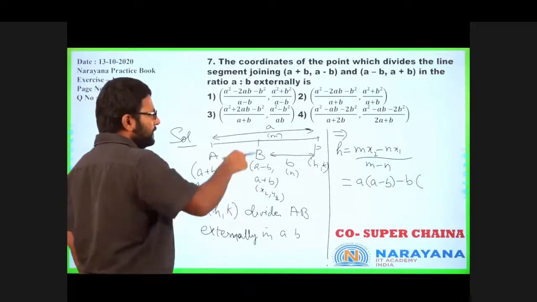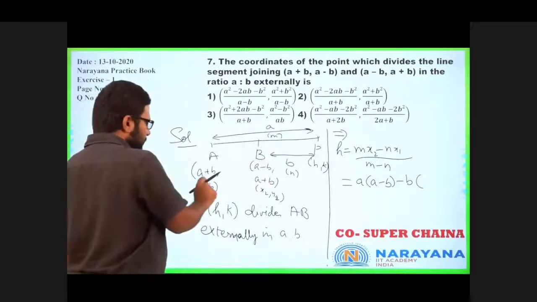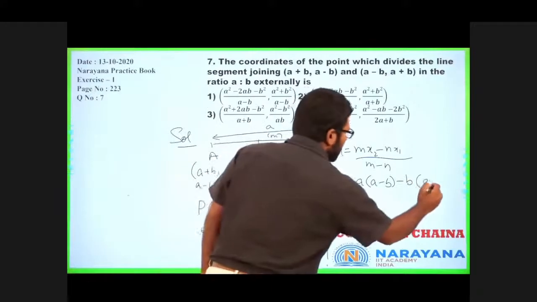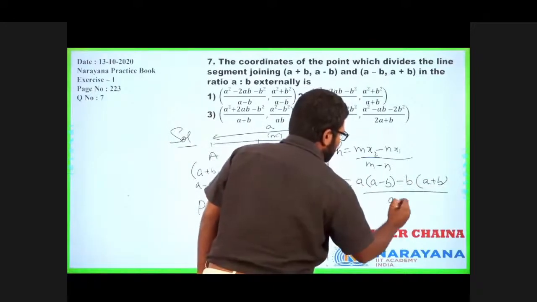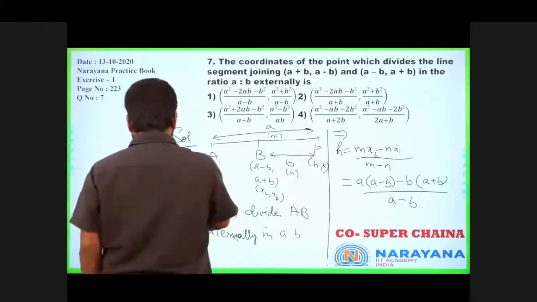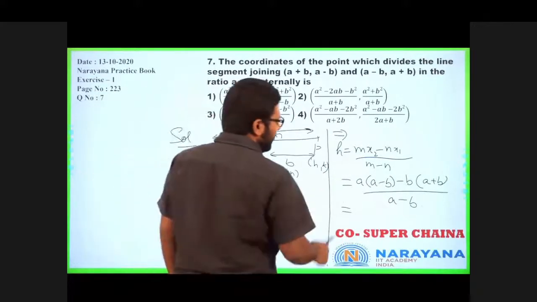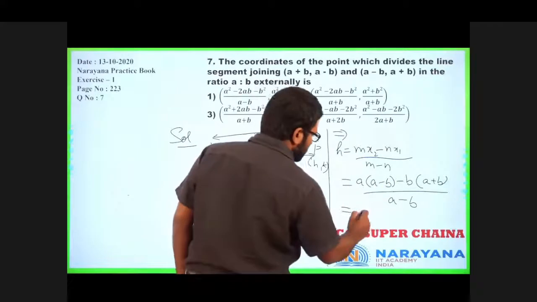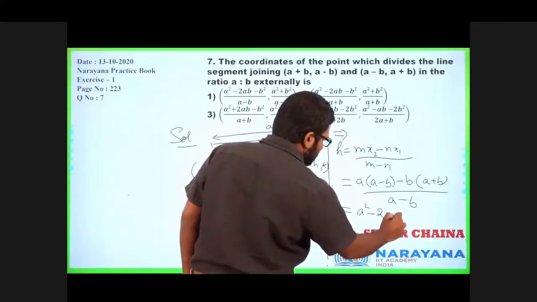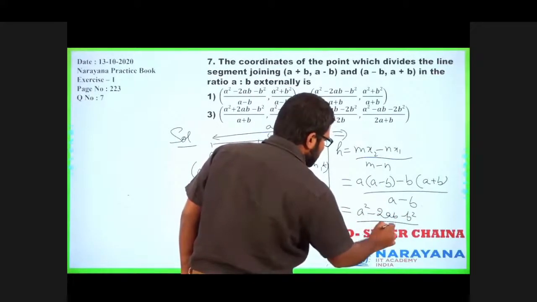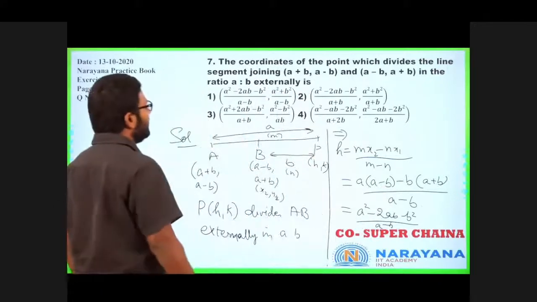So m x2 minus n x1, so b into x1, which is a plus b, upon a minus b. a squared minus ab minus ab minus b squared. So a squared minus 2ab minus b squared upon a minus b.